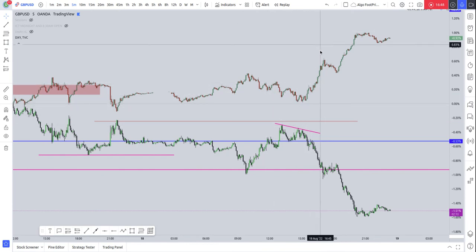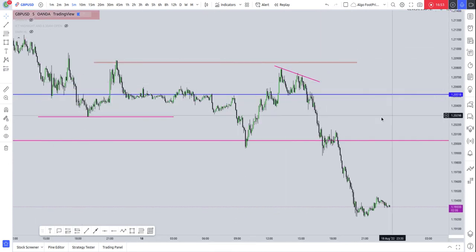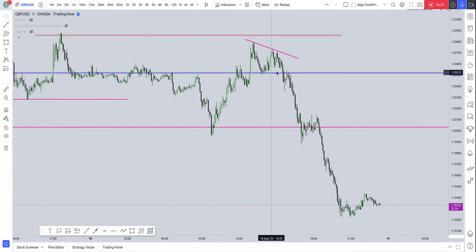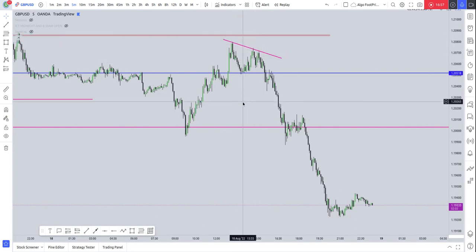But now, what I want to show you, I'll remove this. After this smart money divergence has been created, price makes a high, a low, a higher high. We fail to take out this high. We make a low right here, and price just closed where?